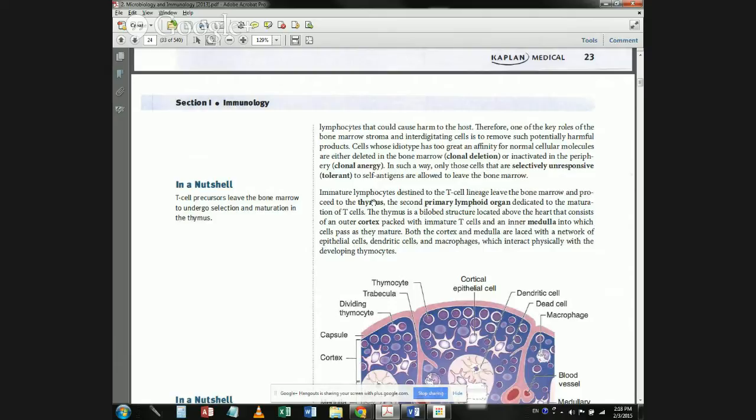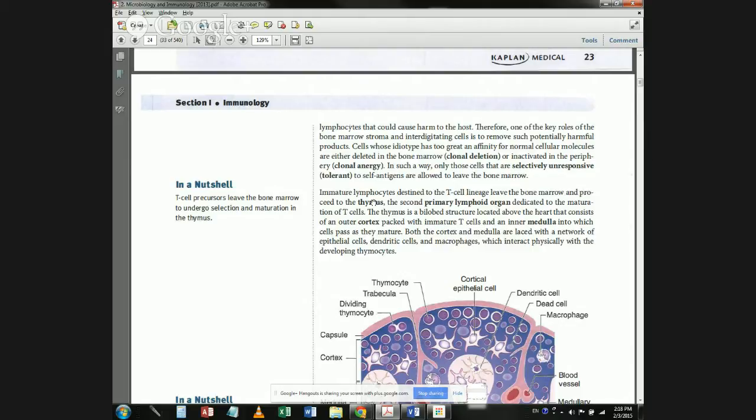The thymus is a bilobed structure located above the heart. It has an outer cortex packed with immature T cells and an inner medulla into which cells pass as they mature. So the outside of the thymus is immature. The deeper you get, the more mature you are.